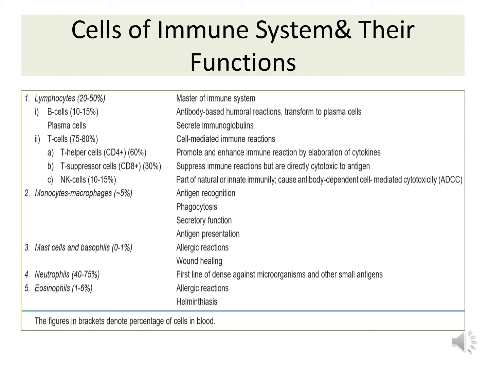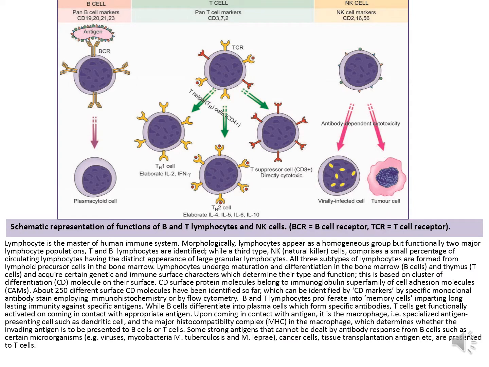They are involved in allergic reactions, and in case of helminthiasis, they are also a diagnostic factor in case of such pathology. So again, as I said before, a lymphocyte is the master of the human immune system.